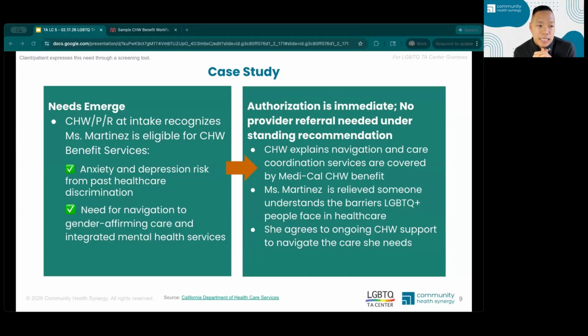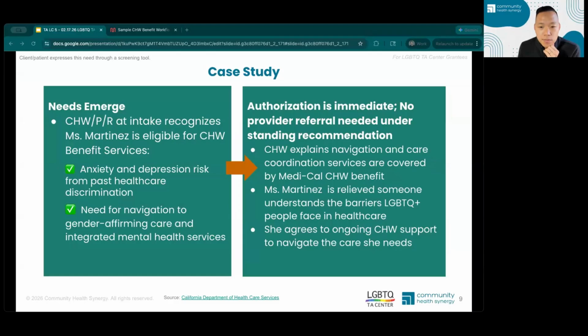The CHW explains that that's all covered by the Medi-Cal CHW benefit. And so as a result, Ms. Martinez is feeling relieved that someone understands the barriers that LGBTQ plus populations often face in healthcare settings. And she agrees to ongoing CHW support to navigate the care she needs.